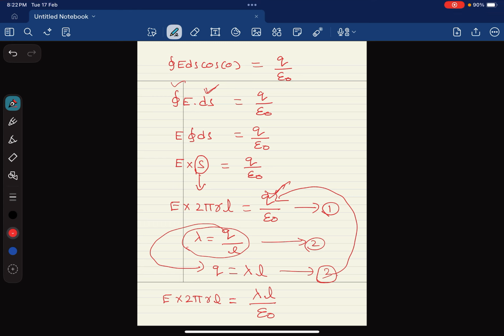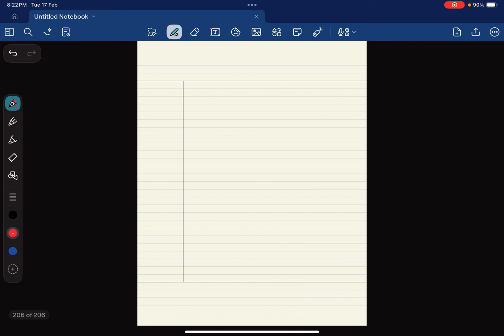Now this 2 pi RL I'm going to take to the right side, where it goes to the denominator. So finally we have E into 2 pi RL equals lambda L by epsilon naught, therefore E is equal to lambda L by 2 pi RL into epsilon naught.